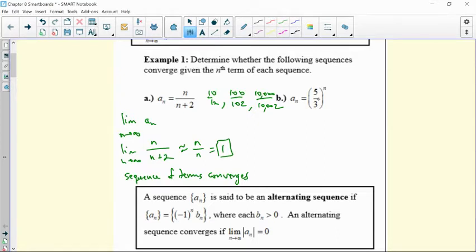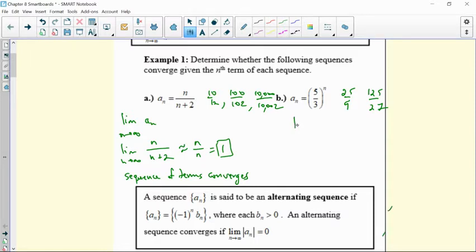Now, the second one, this is a geometric sequence. So the first term is 5/3, and maybe I want the second term, that's 25/9, or the third term, that's 125/27. And so if I want to know, do the sequence of terms here converge?